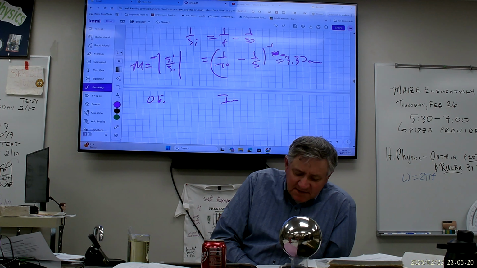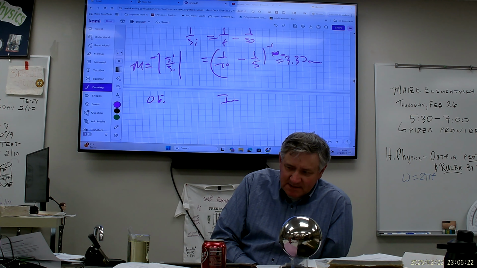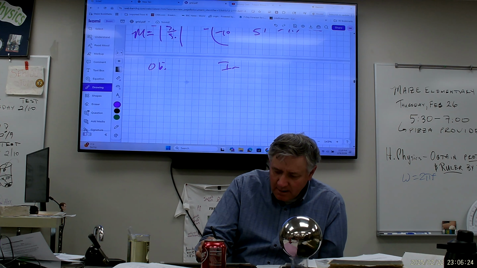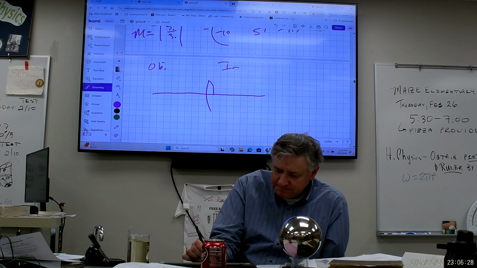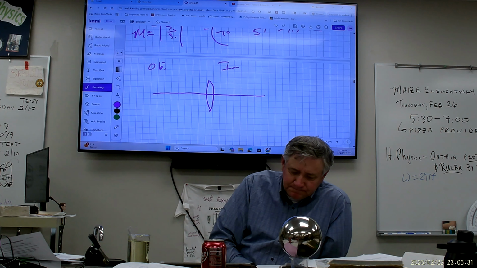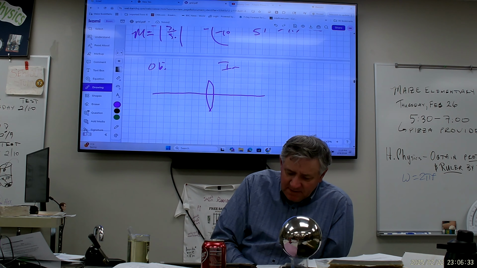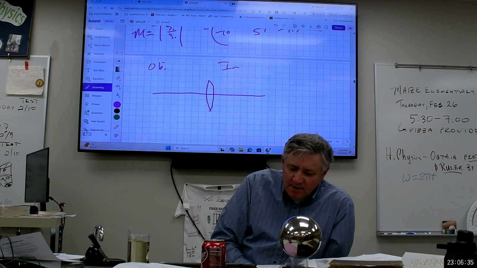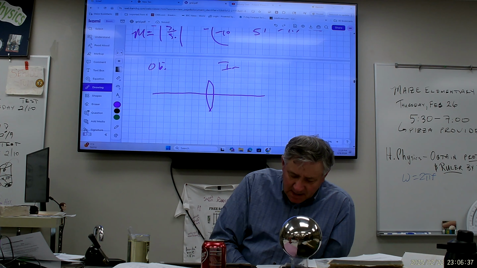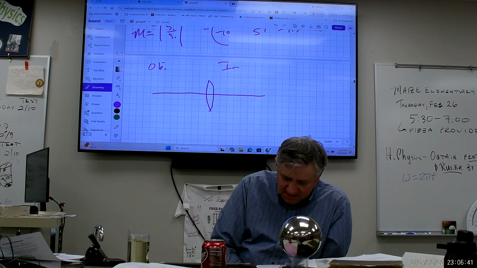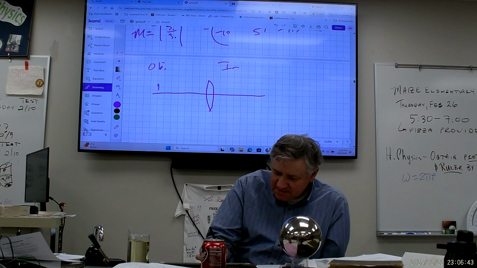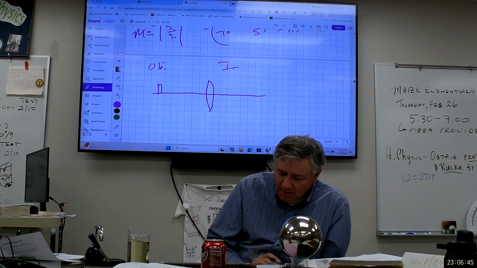Alright, let's talk about the next one. You have a converging lens, which makes it a convex lens. Focal length 4 centimeters, object 12 centimeters away. You've got this penny out here.